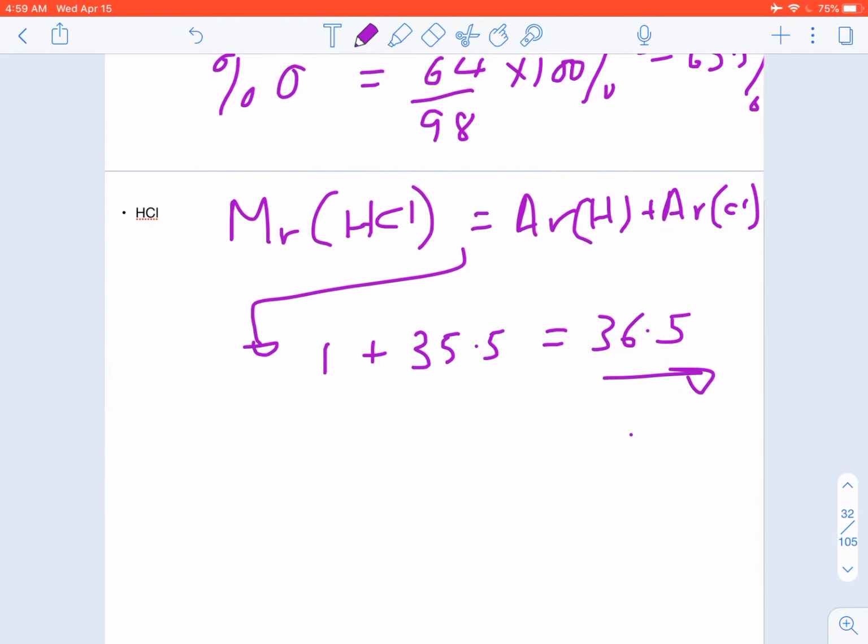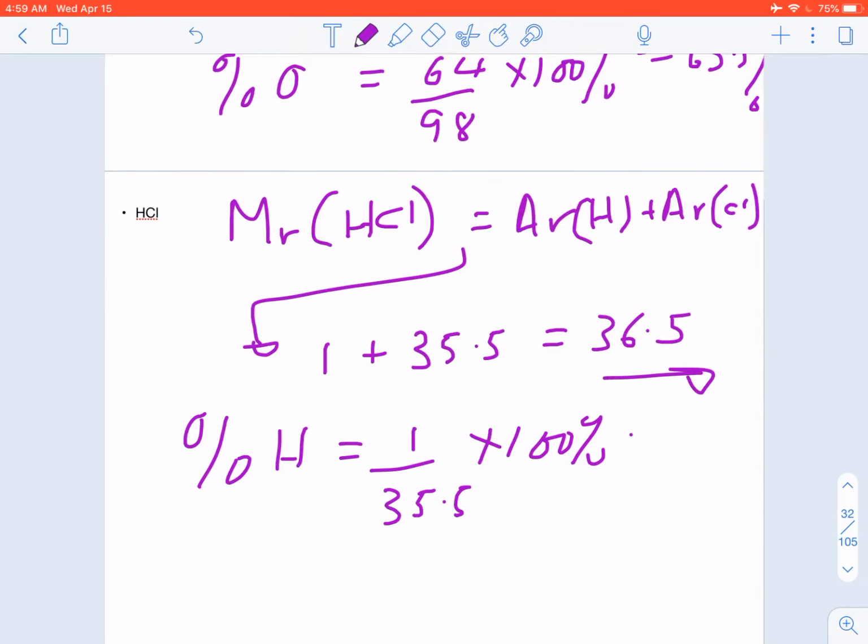And if you want a percentage of hydrogen, that would be 1 upon 36.5 times 100%, which is equal to 2.7%.